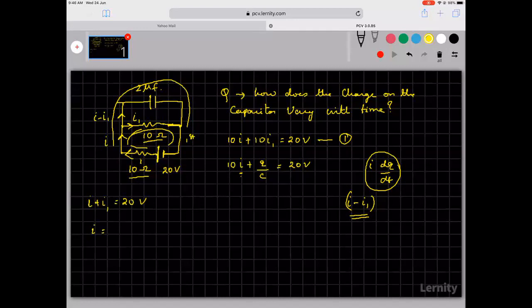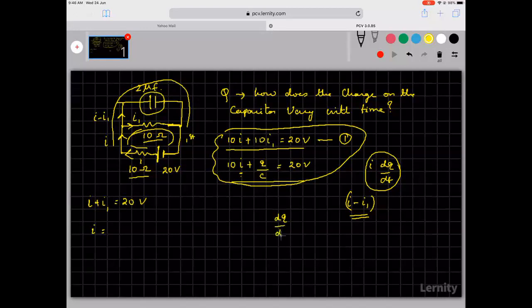You will have to see how we can work with these two, and then we will get it. Just give me a minute and I will work it out. Meanwhile, if you all can do it, please do it. My question is, what is the time dependence of charge on this capacitor? I wrote one Kirchhoff's law equation, I wrote another. Understand that the Q we are talking of on the capacitor, dQ by dt is equal to I minus I1. It is neither I nor I1. We have to understand this concept.